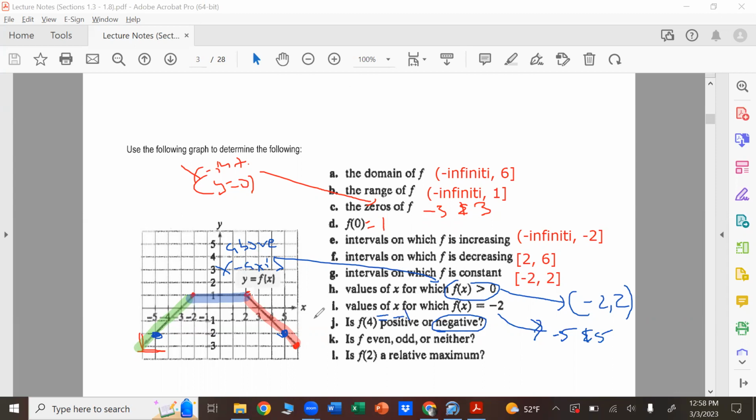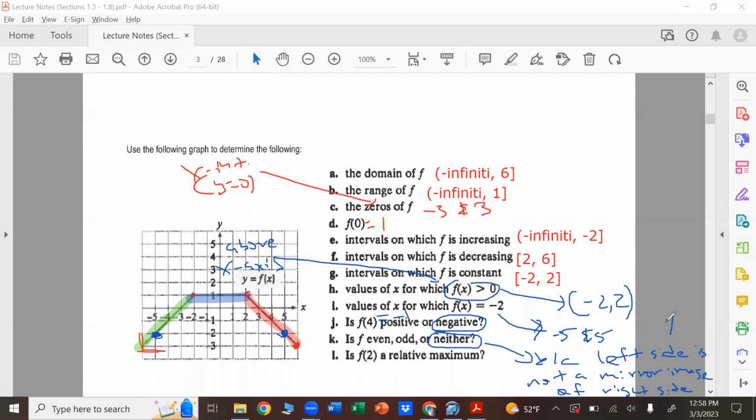K is kind of a tricky one because it doesn't go on forever on the other side. So I'm going to say neither. Even though it does look like the y-axis cuts it in half, I'm going to say neither because the left side is not a mirror image of the right side.